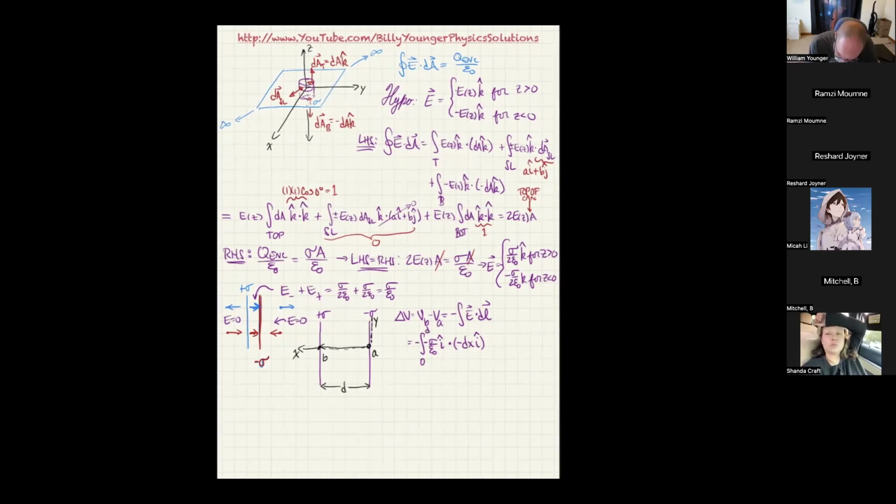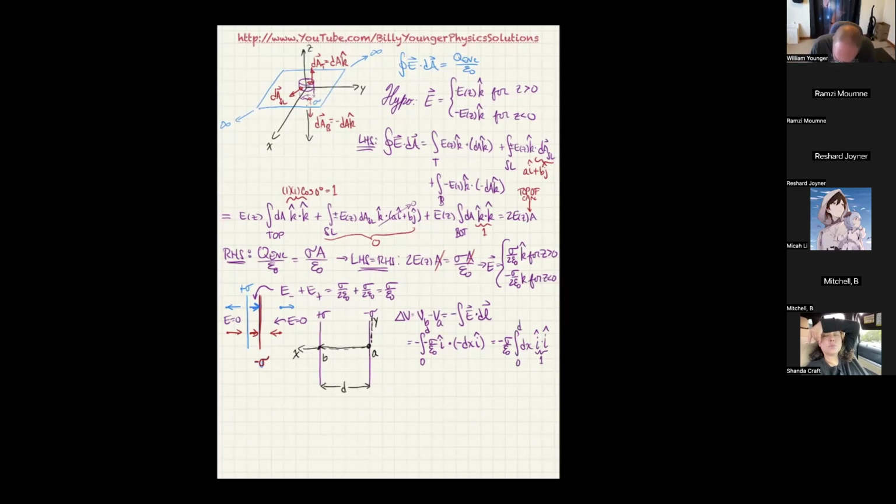So you can see now that I got 3 negatives, so that's ultimately going to give me a negative. The sigma over epsilon naught is going to come out in front because that is a constant. And then we're going to get the integral of dx i-hat dot i-hat, which is just 1, going from 0 to d.